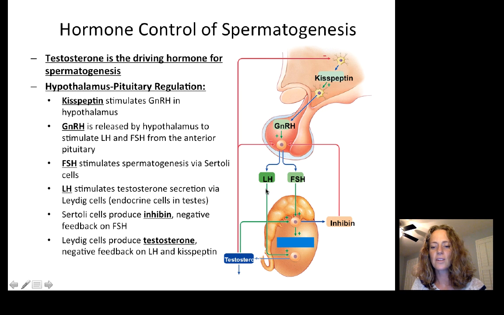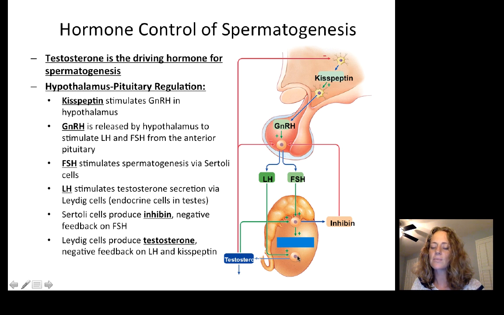So LH will stimulate testosterone secretion through the Leydig cells in the seminiferous tubules. These are cells nearby, not the Sertoli cells, but cells nearby in the seminiferous tubules that are endocrine cells. FSH will stimulate the production of inhibin, which will feed back on the anterior pituitary.